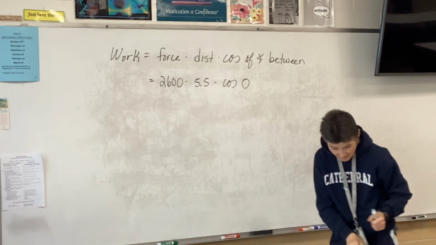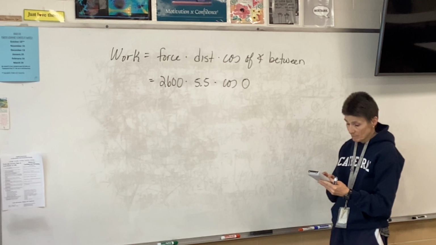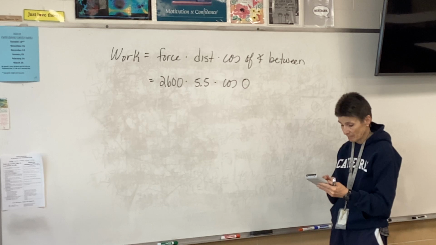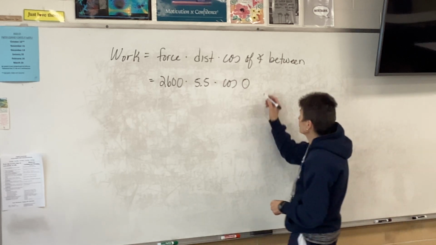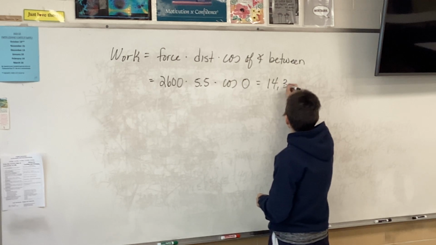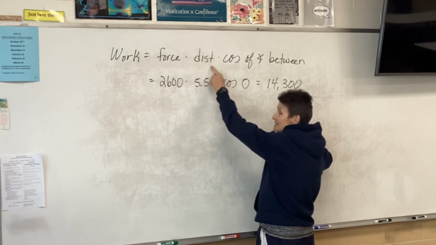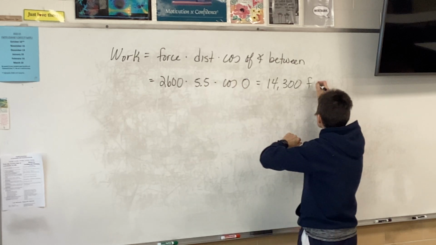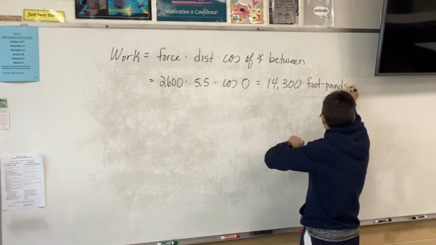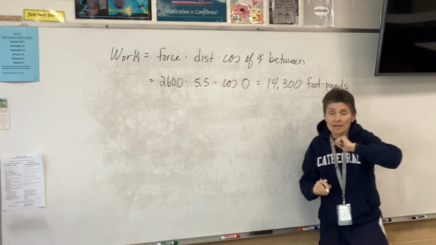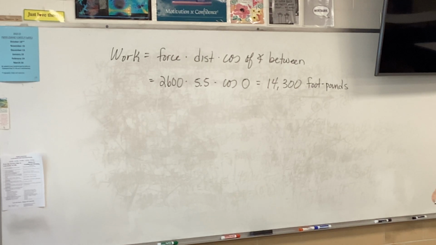So what's 2,600 times 5.5? 14,300. And the unit we use, when the force is in pounds and the distance is in feet, is called foot-pounds. A new unit of work is foot-pounds.